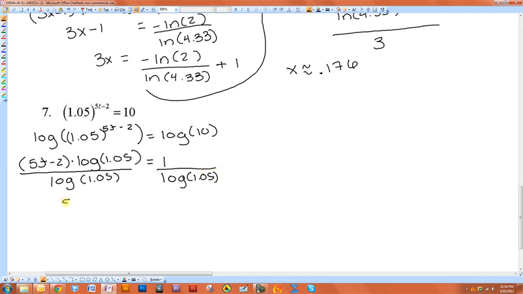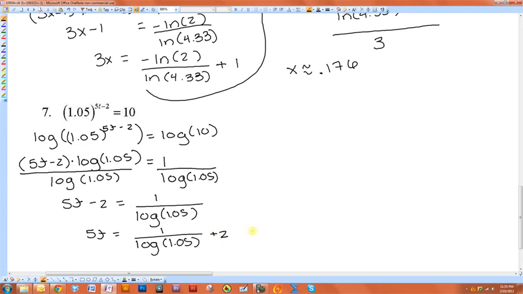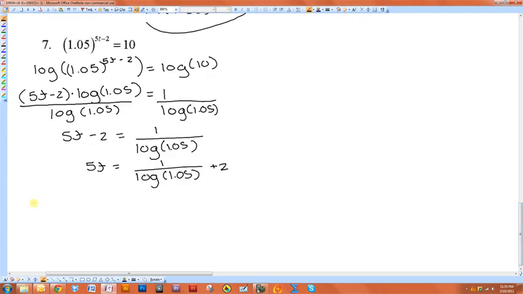Okay, so I have 5t minus 2 equals 1 over the log of 1.05. Then I'm going to add 2 to both sides, and then divide both sides by 5.